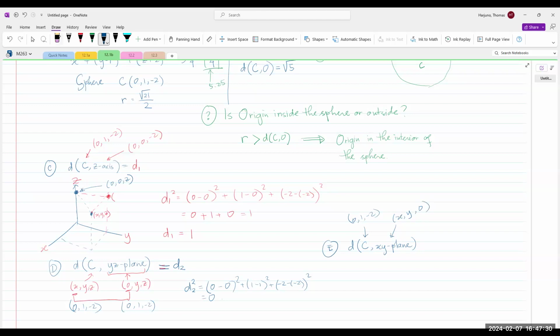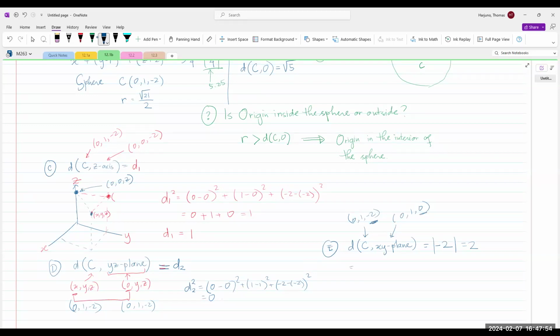Okay, in this case, the x and y must be 0 and 1. So the distance is basically the difference between this guy and this guy, right? -2. Oh, but it is distance, so it cannot be negative.